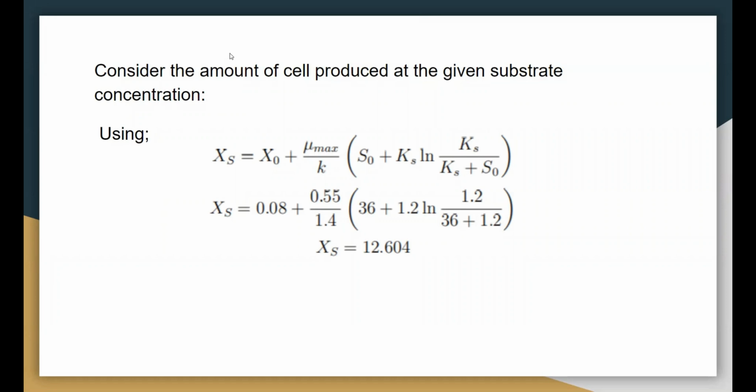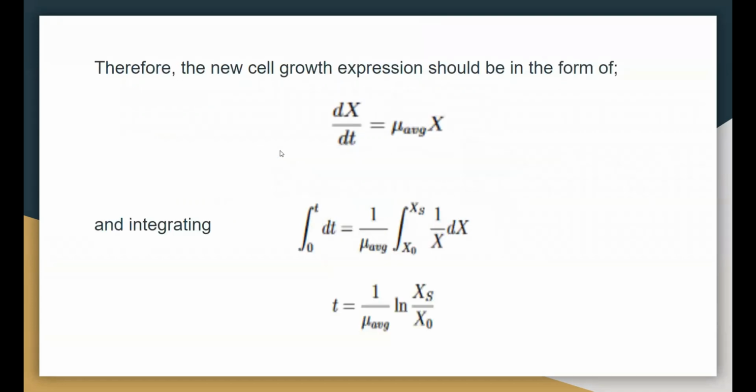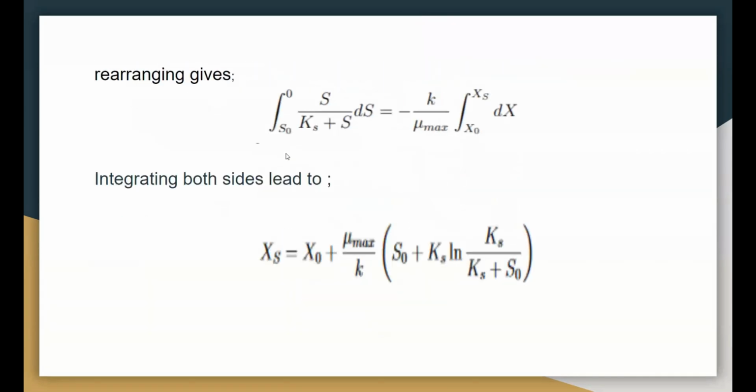Okay, now we need to find the value of the maximum cell concentration, which is xs. To find this, we know that this equation we got from this one. After we integrate both sides, we just got this equation.